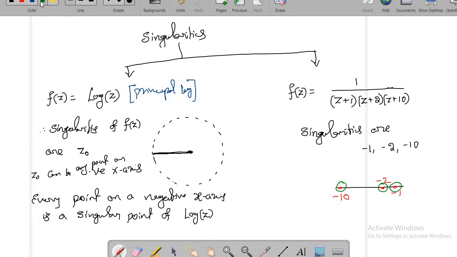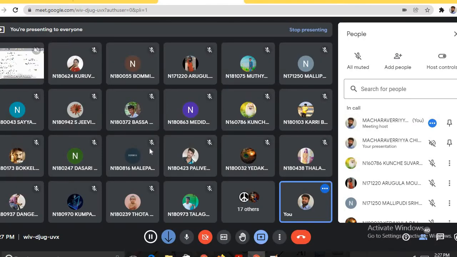But let us come to this case, the principal logarithmic function. Can you isolate the singularity here? See, every point on the negative x-axis is a singularity. Okay, so let me pick up one point. For the time being, let me take -2. So is it possible to create a neighborhood around -2 so that -2 is the only singularity inside that neighborhood? No, sir. It's not possible. Why?